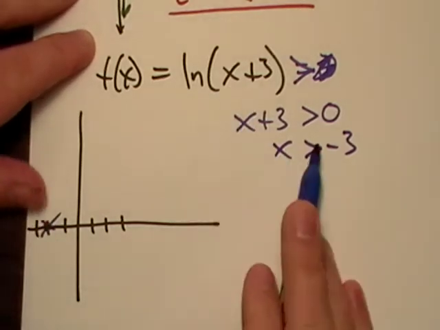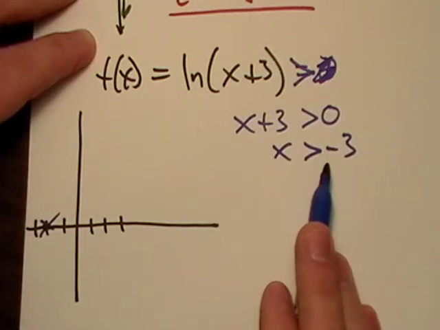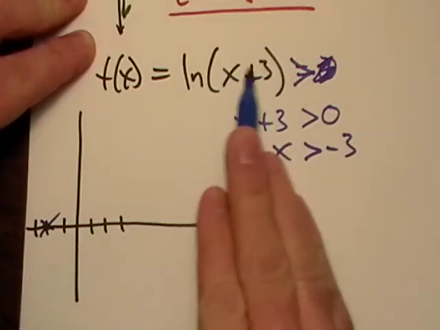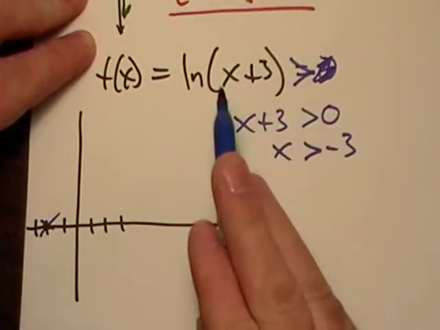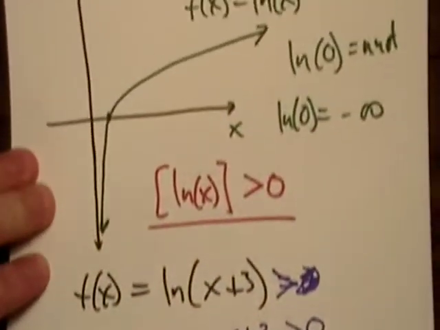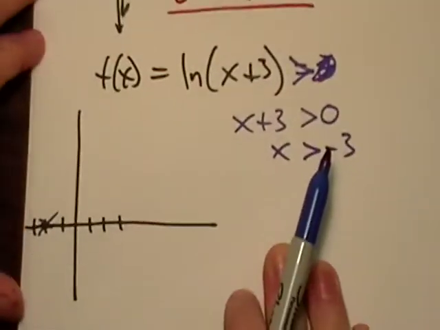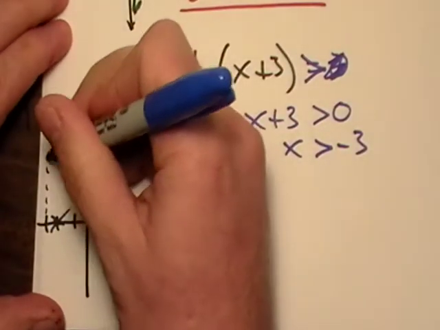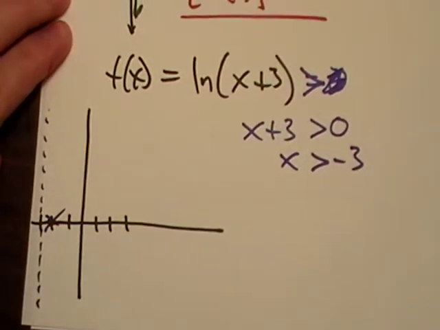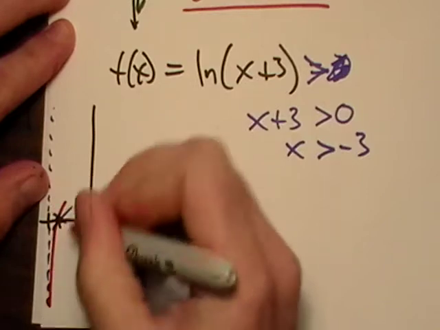If x is negative 2.99, we still have a little number in here, 0.01, that we can take the log of, and that'll give us the answer. We back this up 3 units, and it makes sense, because now here's our asymptote back here, and if I graph this, like we said, it's going to intersect right here.